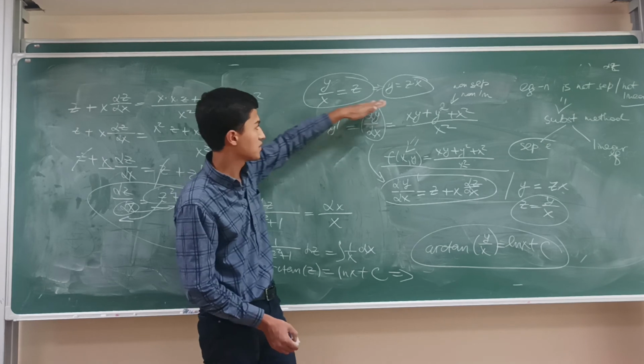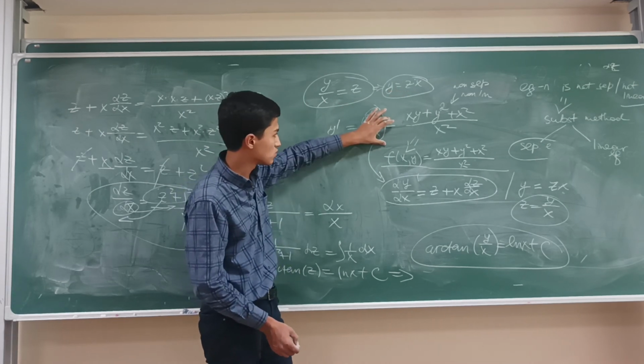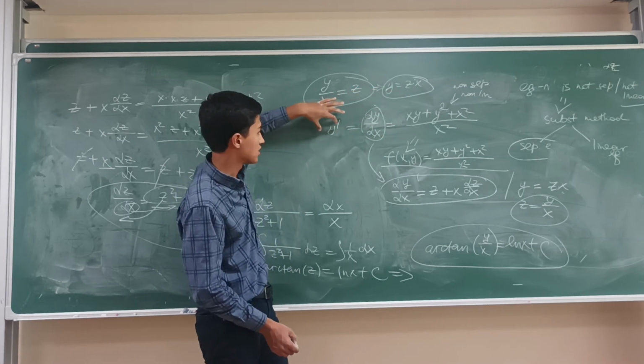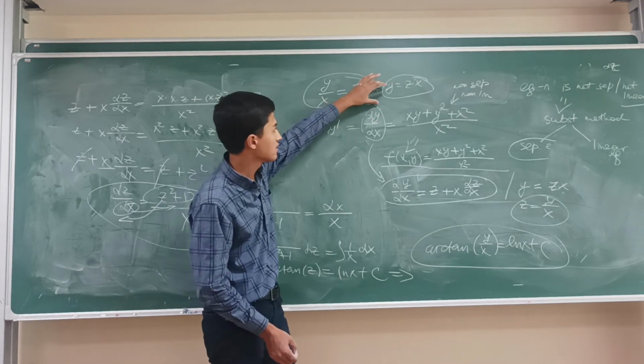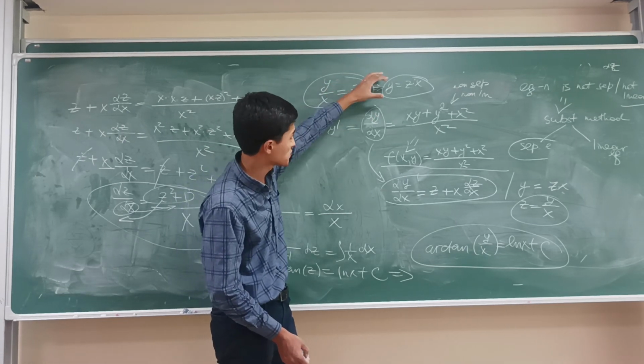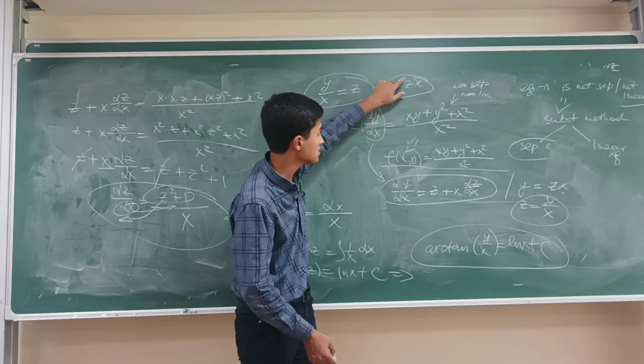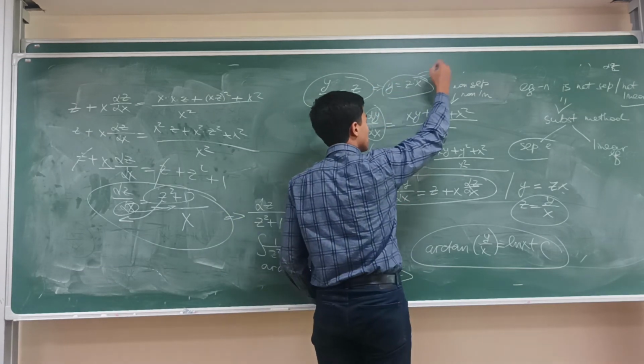Then you take the derivative of this one and substitute it for dy/dx, the derivative of y that you found through the product rule again.